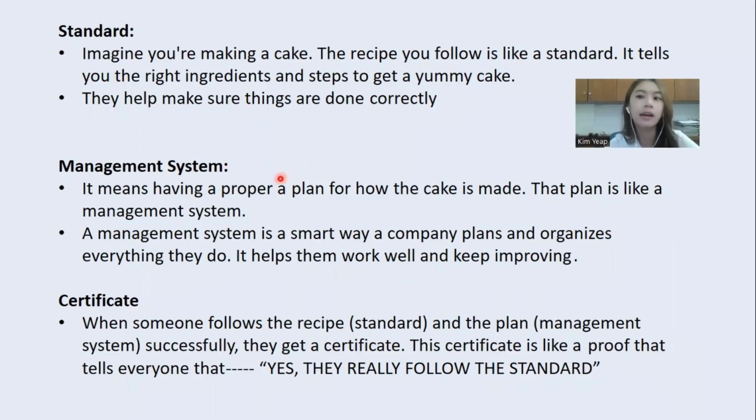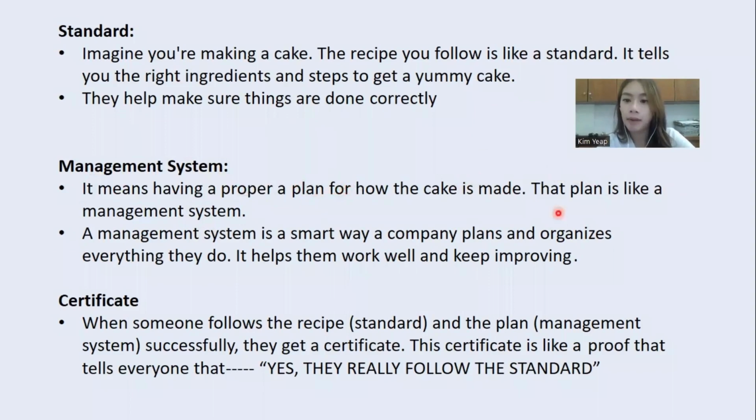Okay. Now, moving on, what does management system mean? For you to make a cake, having a recipe is not enough. You need a plan. Having a management system means having a proper plan to follow, to make sure of how the cake is made.